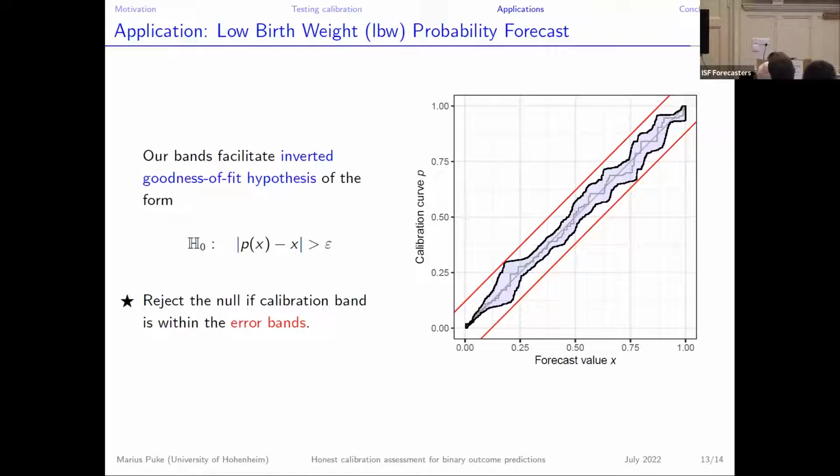These red lines both have a slope of 1. The upper one has an intercept of 10%. The lower one has an intercept of minus 10%. And then we can check whether our confidence band is captured within these lines. And if so, then we would be able to reject this hypothesis that the error that we make by predicting x is larger than this predefined epsilon of 10%. And as this is the case here, we are able to reject that the error that we make by predicting is larger than this epsilon of 10%.